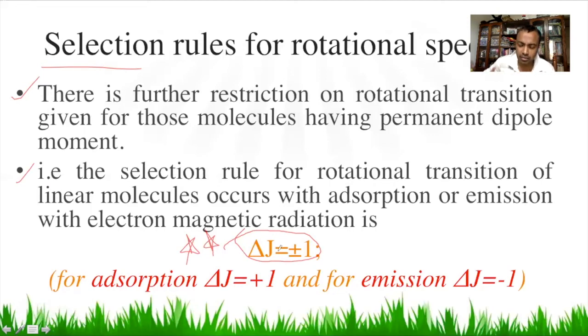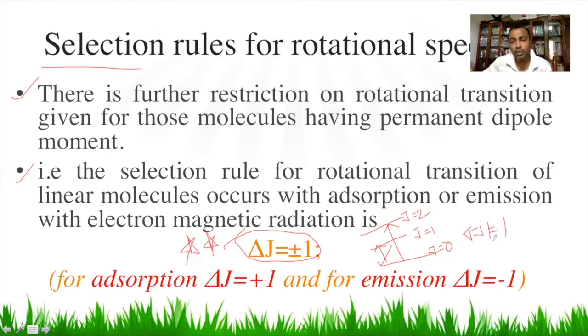So not any transition can lead to rotational spectra. Suppose rotations occur between J equal to 0, J equal to 1, and J equal to 2. The first transition, 0 to 1, can be an active rotational spectrum, but a jump from J equal to 0 to J equal to 2 will not be active, since del J is not equal to 1.